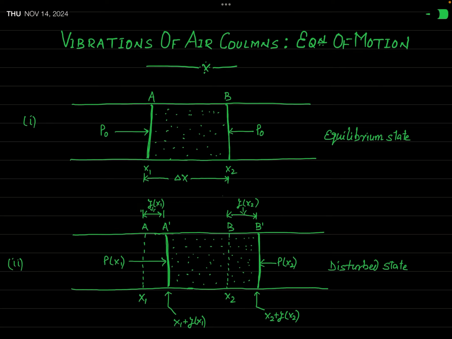In fact, again, just like the problem of longitudinal vibration of a rod, I have divided this concept in two parts. In the first part, we are going to see only how to find the equation of motion. And in the next lecture, we will see how to discuss the normal modes in case of this vibration of air columns.